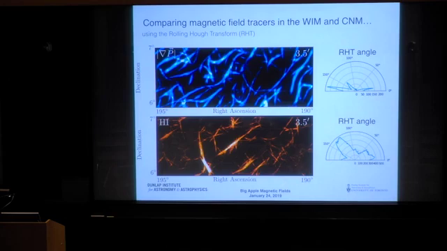Since we believe that these structures are really probing magnetic field properties, I'm now looking for correspondence between these two to try and use the magnetic field properties to relate the CNM and the WIM.